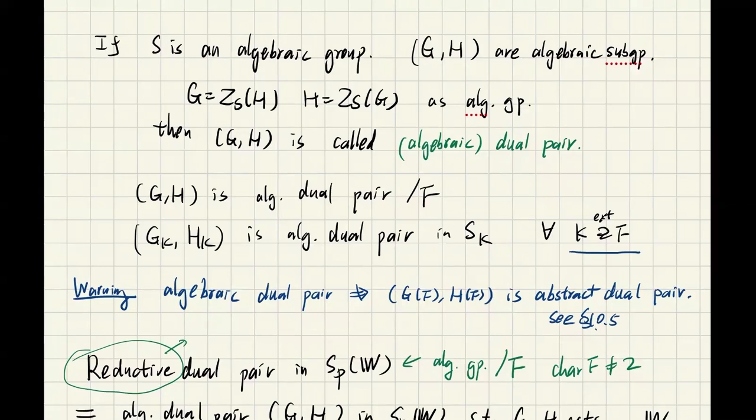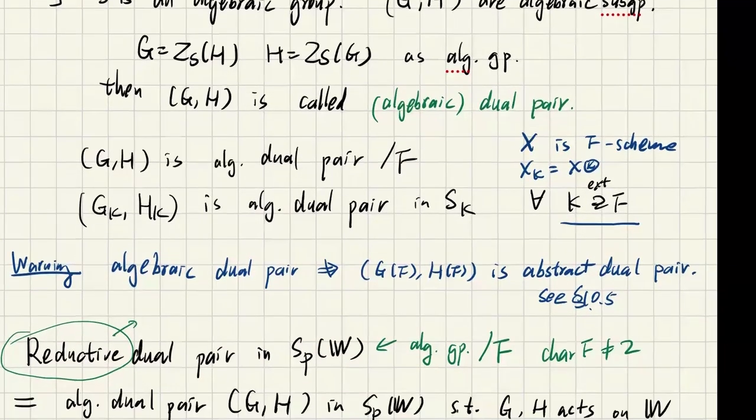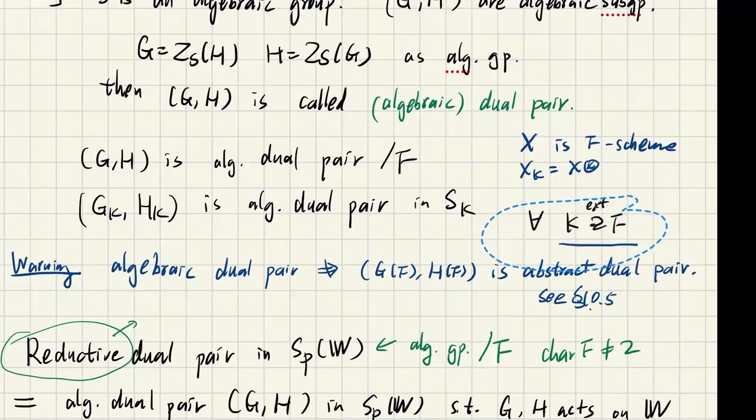In general, if X is an F-scheme, then X_K is X with extension of scalars, a scheme defined over K. A typical example is that X is a real vector space of dimension n.